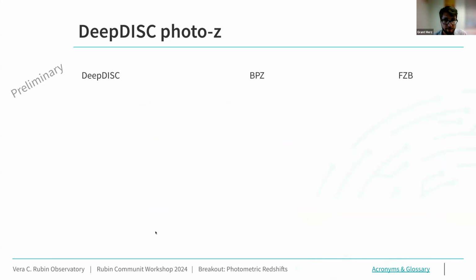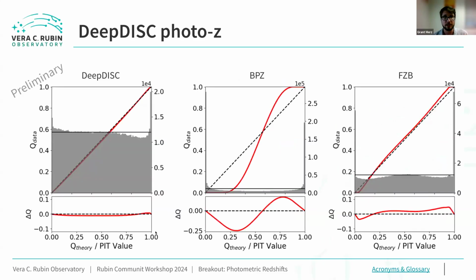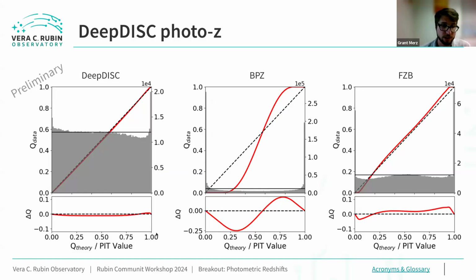Next slide, please. Another way in which we can test the validity and compare our photo-z estimates to the other methods is looking at the quality of the PDFs produced. One way of doing this visually or qualitatively is the PIT histogram, which characterizes how broad or how narrow your photometric redshift errors are. Ideally, the PIT histogram would be flat, a uniform distribution between 0 and 1.